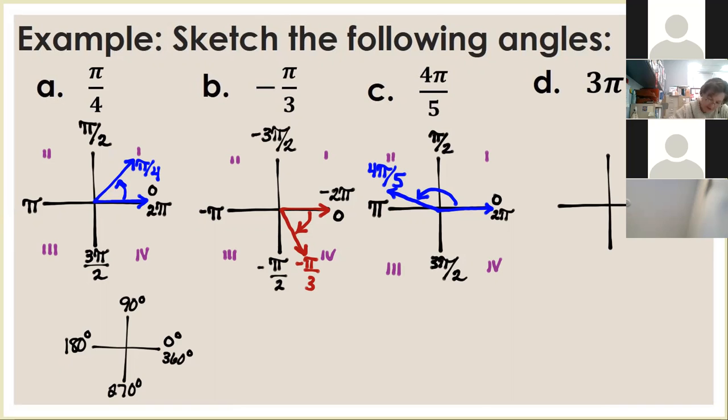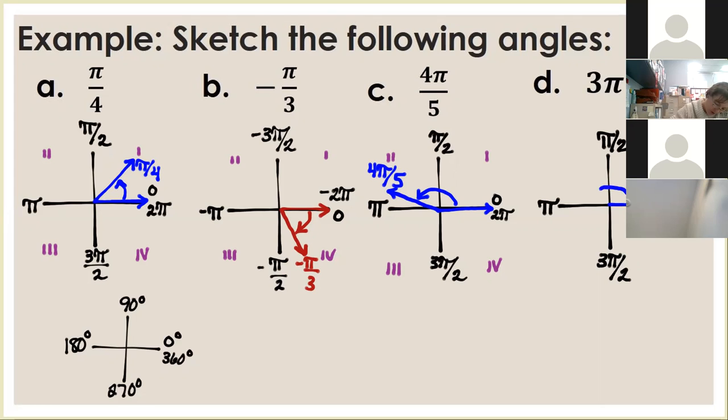Counterclockwise. So positive angles: 0, pi over 2, pi, 3 pi over 2, and 2 pi. I've got my initial side right here on the positive x-axis. If I go halfway around the circle, I've gone pi rotations.